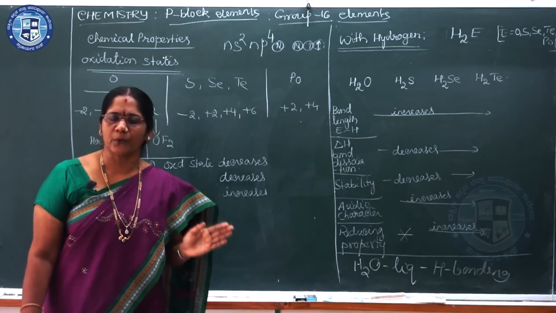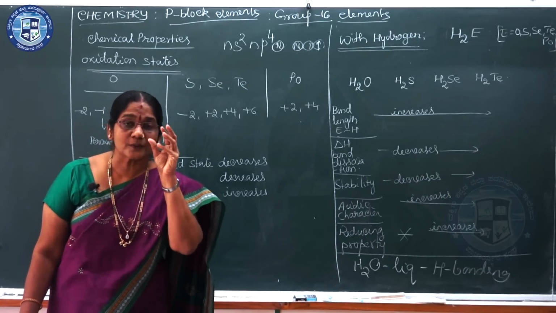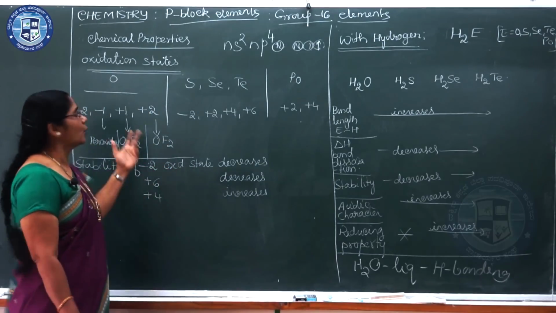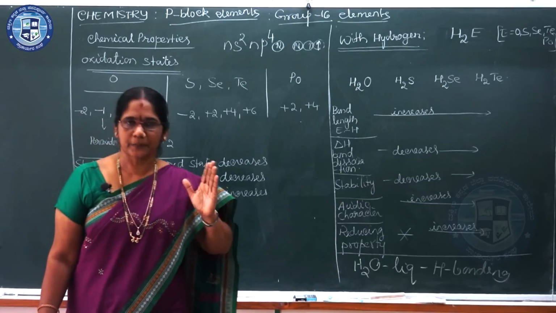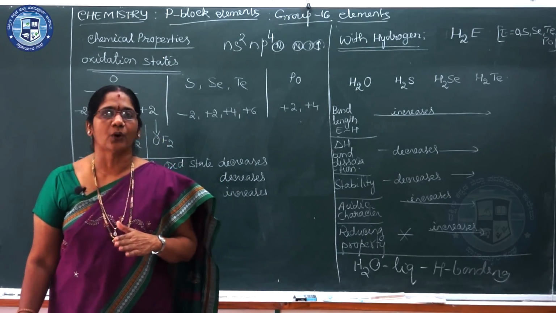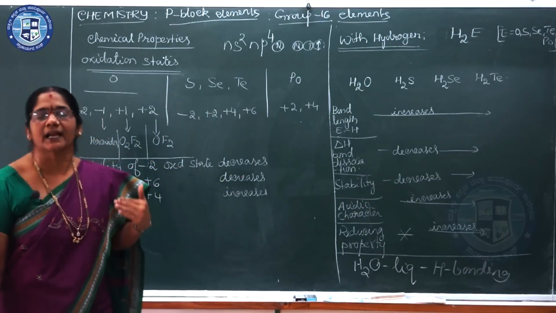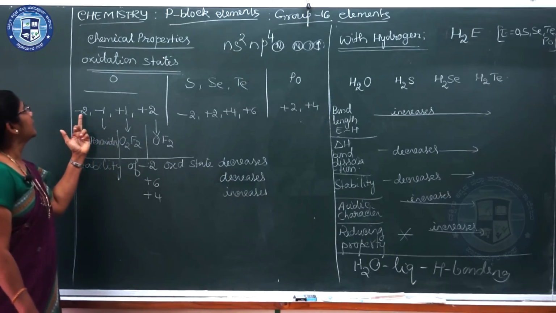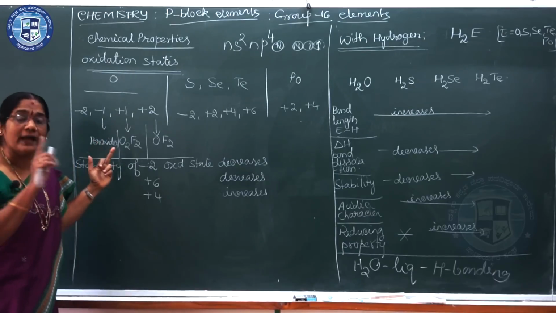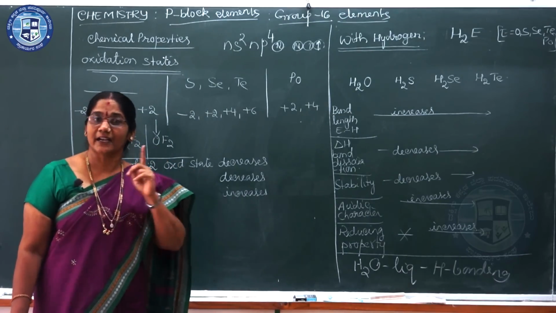Normally in all the compounds it exhibits -2 oxidation state, because of its very small size which helps it to attract the electrons, and therefore all the oxides are ionic in nature, or if there are covalent bonds they are polarized because oxygen is more electronegative and draws the electrons towards itself. -1 oxidation state is also possible for oxygen, and you have studied this in redox reactions.